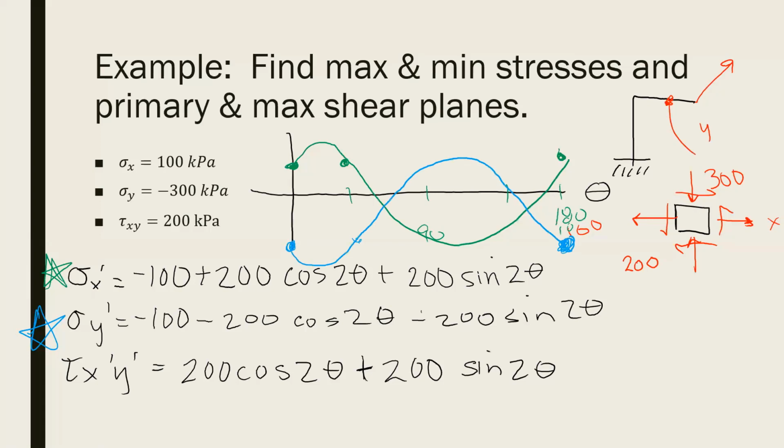We'll have to settle for that. And then the last thing we're going to do is draw the tau xy. It starts at 200. It's going to peak at this point. It's going to end at 200. So it's going to look like that. So that's more or less what these look like.